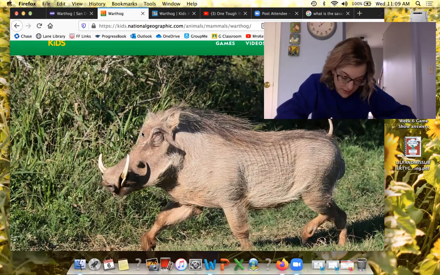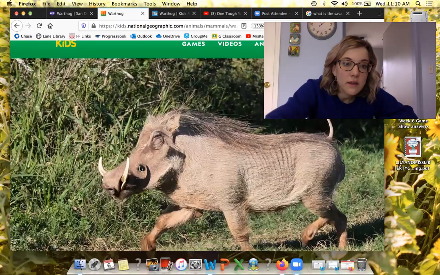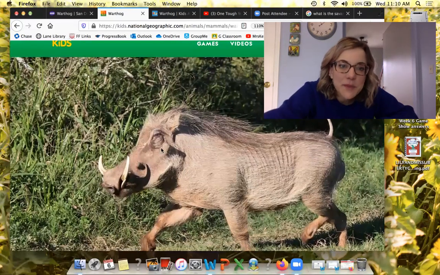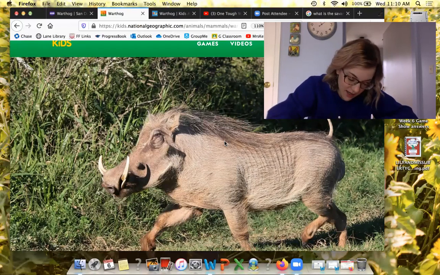It's coming out of their mouths, don't forget. And notice right here, notice this. What is that? That is a wart, my friends. See if I can zoom in. Nope. It was worth a try. Look at that. That's so interesting. I did not know that before. I might even draw that on my picture.